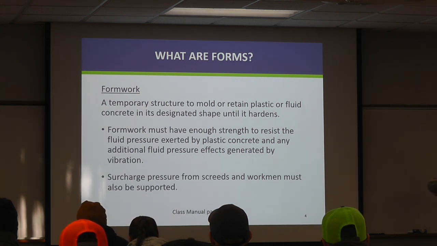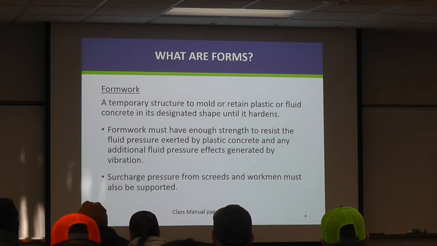When we pour the uncured concrete in there, it's going to be to that form. It's going to also provide the proper clearance from our rebar and all the things like that. But it must have enough strength to resist the fluid pressure exerted by plastic concrete and any other pressures generated by vibration.